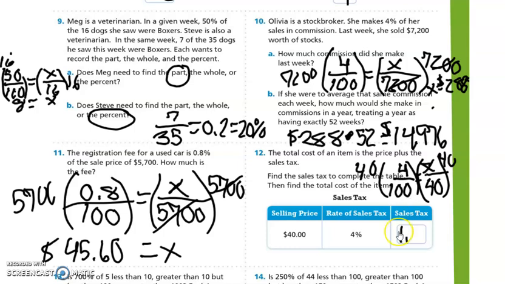And I get 1.6 in the calculator. So I know that's $1.60. Now we find the total cost. I know the total cost would be $40, which is the amount of the item we're buying, plus our tax. So that's going to be $41.60.